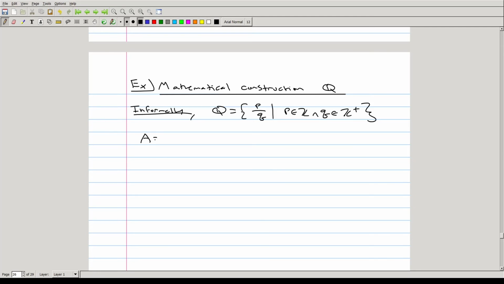So if we let A be the set of all ordered pairs of integers and positive integers, and we define the relation R to be the set of all ordered pairs in A cross A such that, remember, if a is an element of A, it's an ordered pair a1, a2, where a1 is an integer and a2 is a positive integer, and likewise for b, we say that a is related to b if a1 times b2 is equal to a2 times b1.